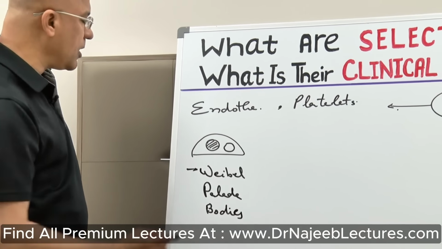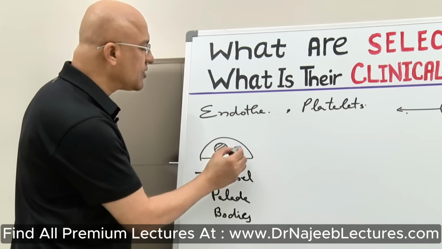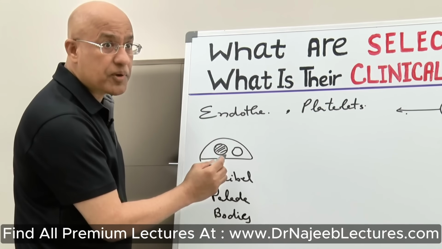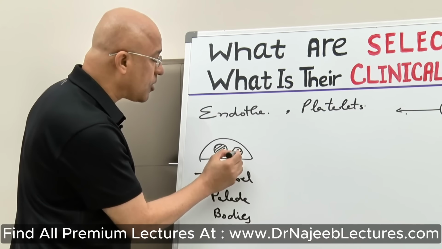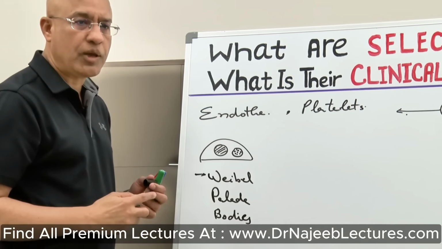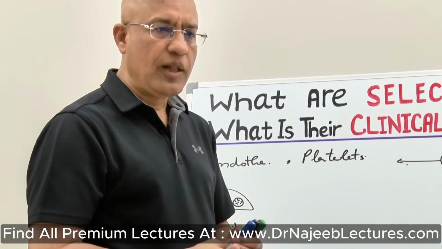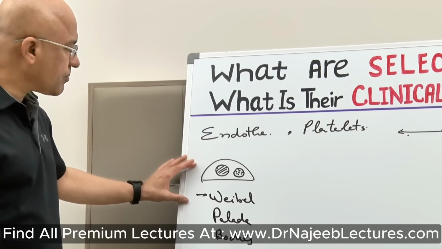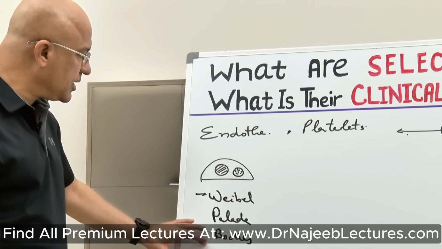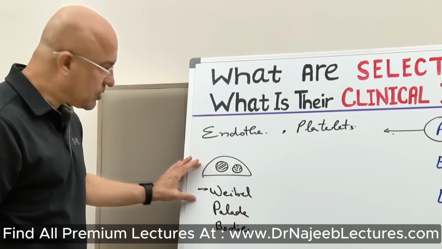These Weibel-Palade bodies have many components, including P selectins in their membrane. A very important component within the Weibel-Palade body is von Willebrand factor. But we will not go into detail of von Willebrand factor here. We will keep concentrating on the selectins. So P selectins are, number one, present in the Weibel-Palade bodies within the endothelial cells, right?